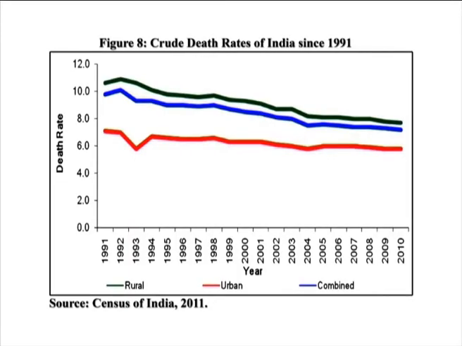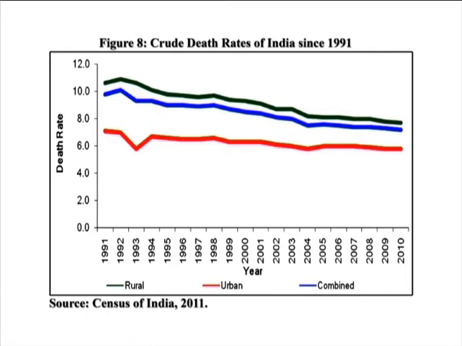Now, coming to the crude death rate. The crude death rate is measured as the number of deaths in a year per 1000 of mid-year population. Figure 8 shows that the crude death rate in the country declined marginally during the period 1991 to 2001, from 9.8 in 1991 to 7.2 in 2010.